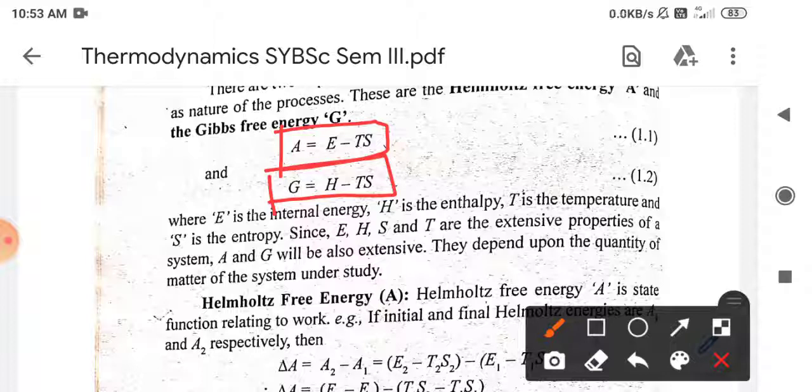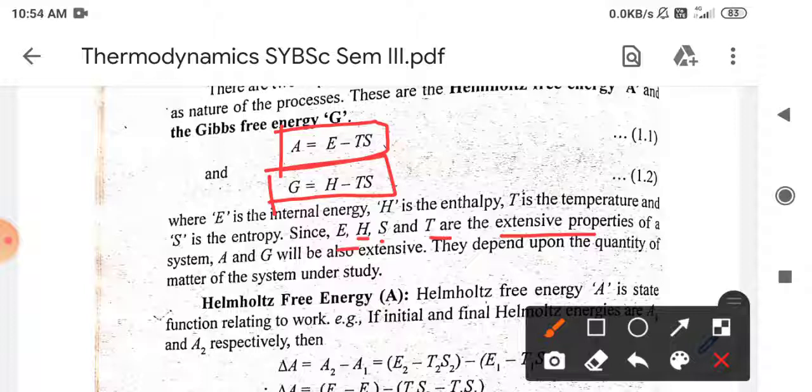So all of these functions, that is internal energy E, enthalpy H, entropy S, temperature T, are extensive properties of a system. What do we mean by extensive properties? Extensive properties of a system are those properties which depend upon the amount of substance in the given system.